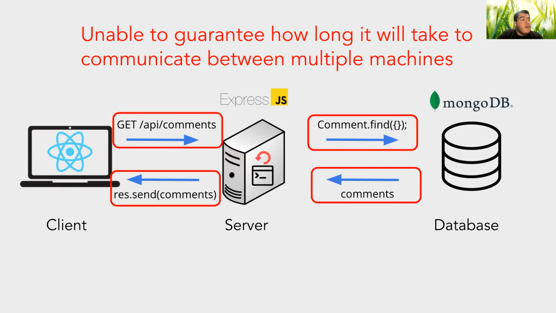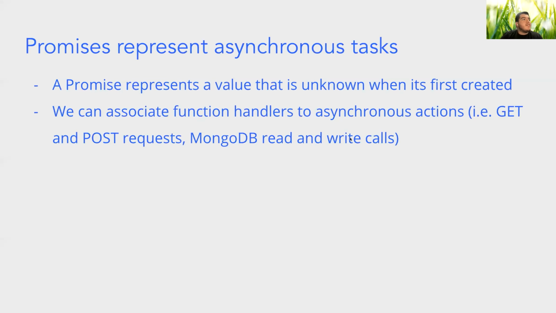But it turns out that JavaScript has this really cool language system that we can use, and it's promises. So you've all heard of promises, and if you're still a little bit confused about what exactly a promise is, that's totally fine. A promise is really just a placeholder value for something that's unknown when it's first created.